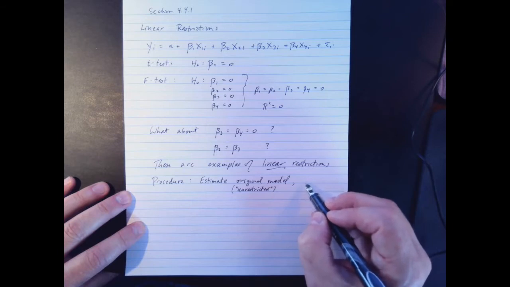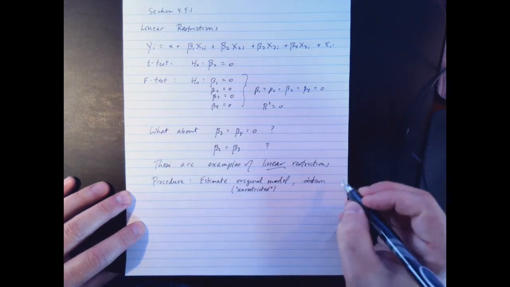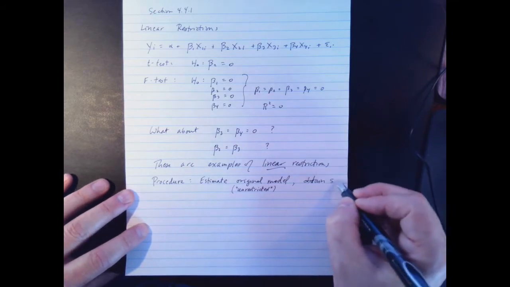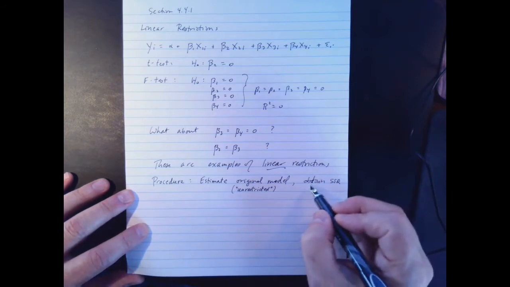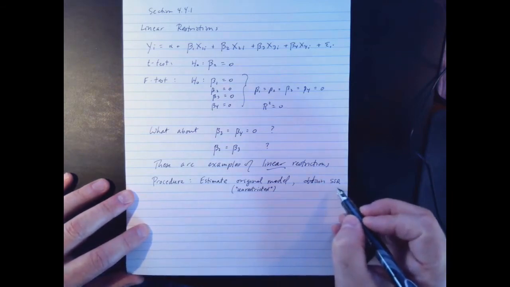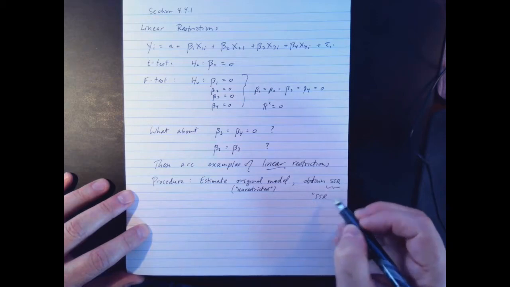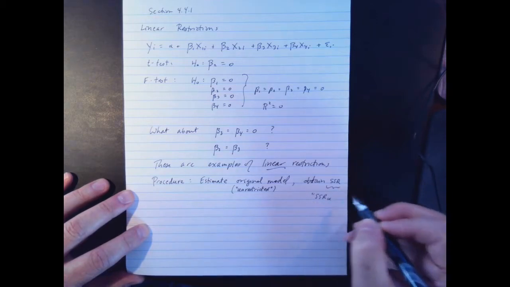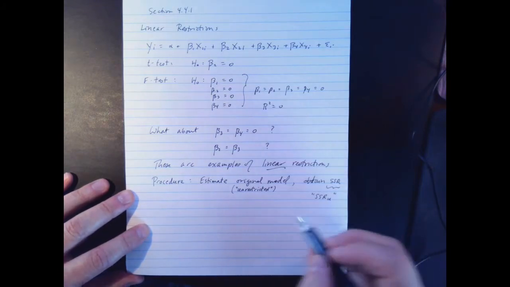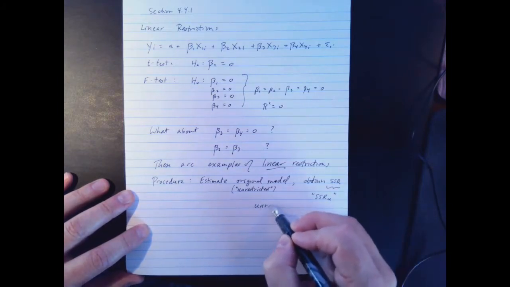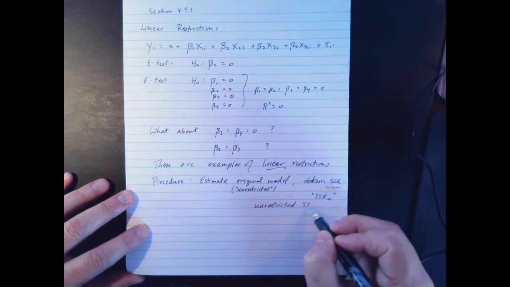And we're going to obtain the sum of the squared residuals from that model. So we obtain from that the sum of the squared residuals, and we're going to call these the sum of the squared residuals with a subscript u, meaning unrestricted. The unrestricted sum of the squared residuals.